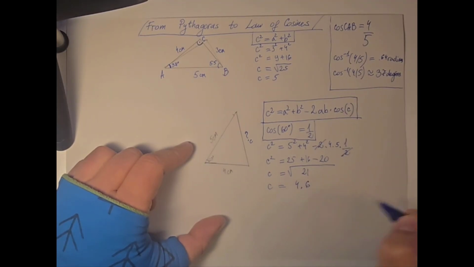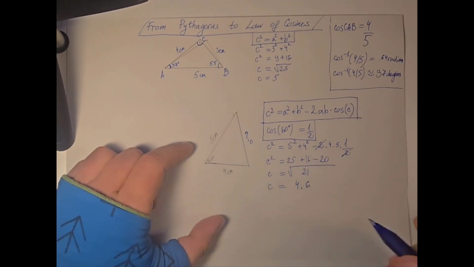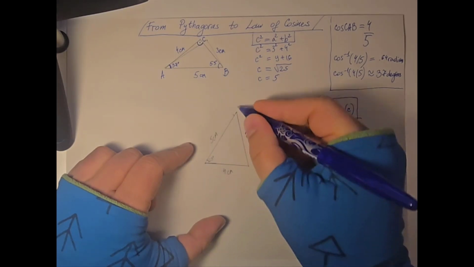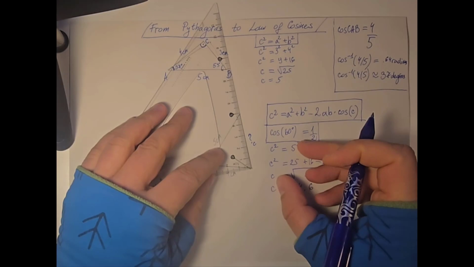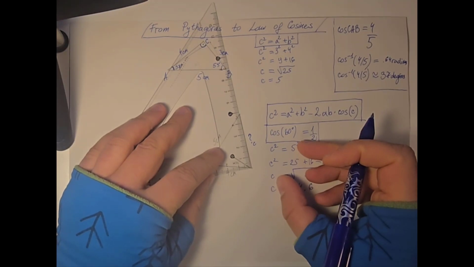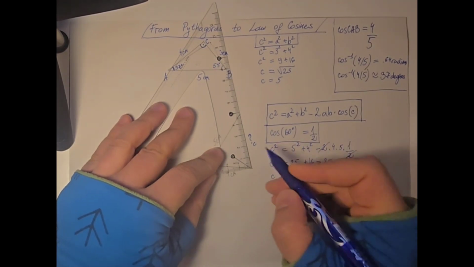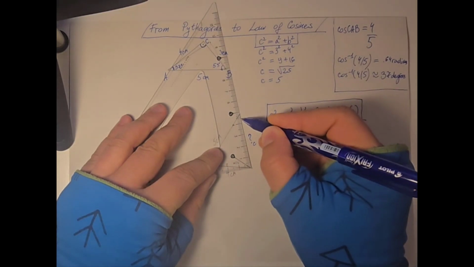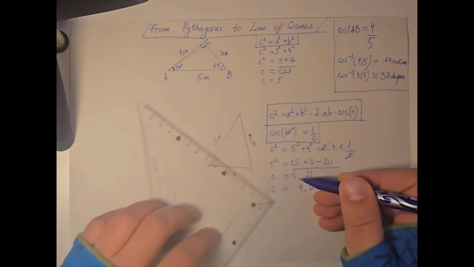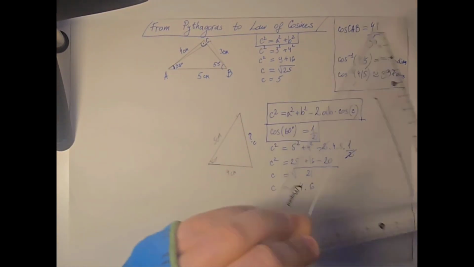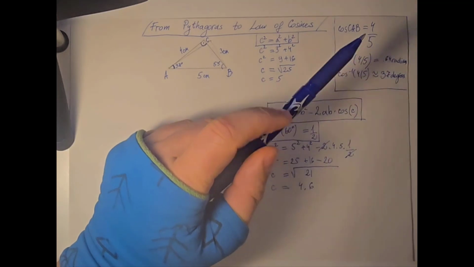And it is 4.6 actually, roughly, but we are there. Let's measure it and see whether we are exact in our endeavors. Well, it's obviously more than 4, somewhere here, but it is 4.6. So yeah, we are okay so far.